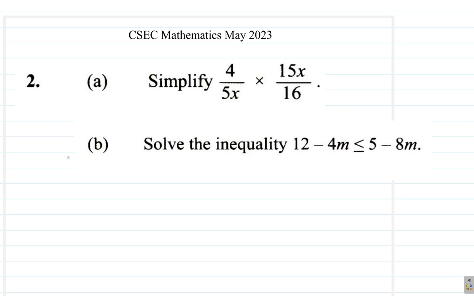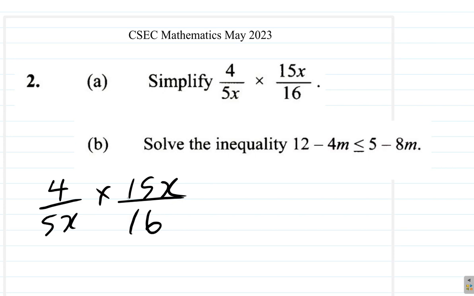Finish? Now we have 4 divided by 5x multiplied by 15x divided by 16. You can just cancel down if you want, but we just explain it in some detail. In the exam, you just cancel down, cross out what you need to cross out, and so on. But we just explain the details behind certain things here.